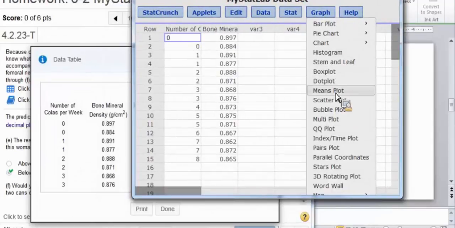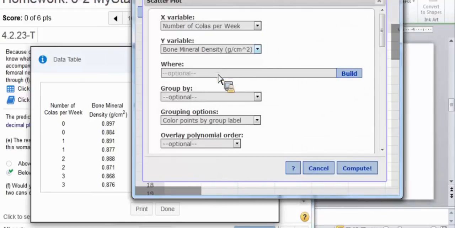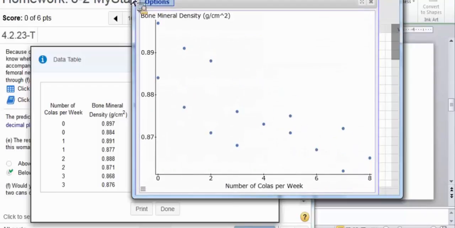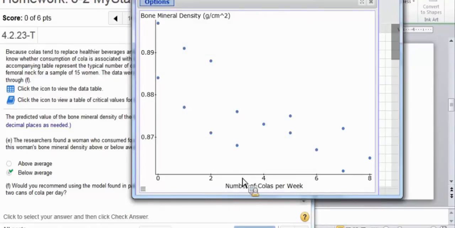Graph, scatter plot. Colas is X, bone density is Y. So here's the scatter plot. So the question is, this woman drinks 2 per day, so she drinks 14 per week. So does it make sense to predict someplace out here for 14? Well, we have no data there. We have no reason to believe that it's the same trend that's continuing past 6 and 8 and 10 and 12.